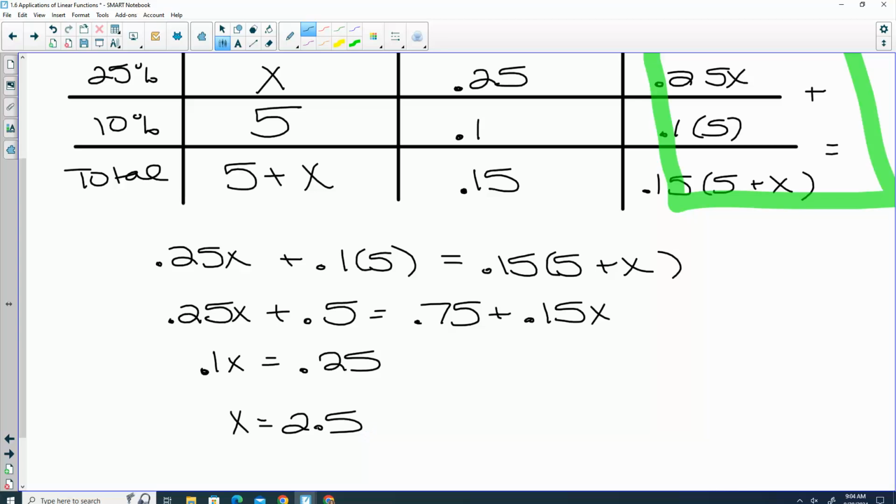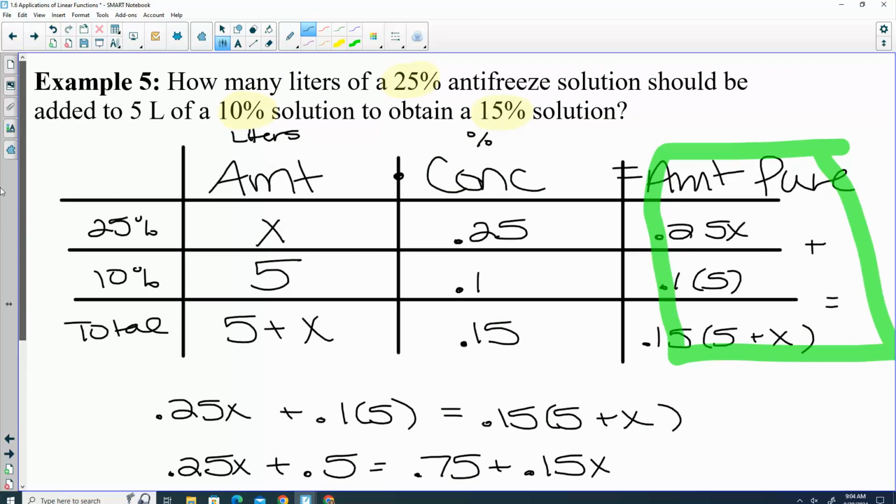All right, and then what do we have to do at the end? Write a sentence. So the question was, how many liters of the 25%? And if we look, X was the amount of my 25%.